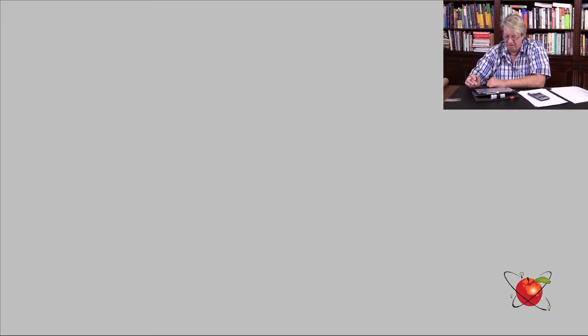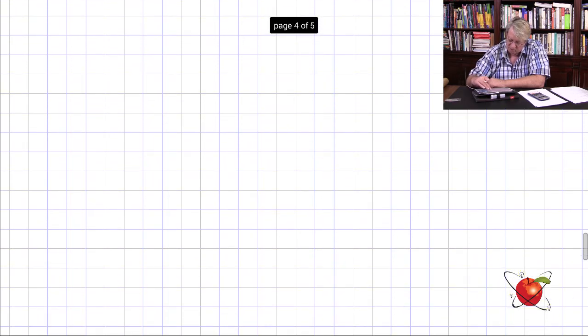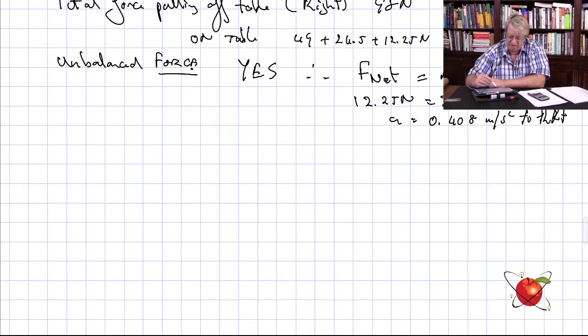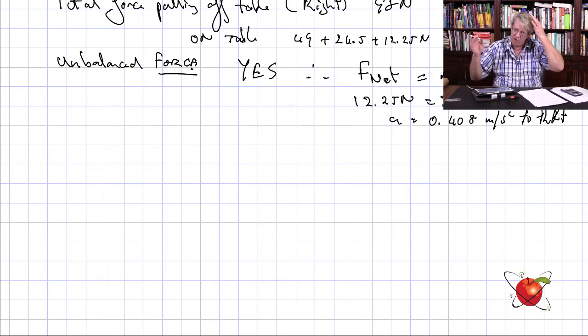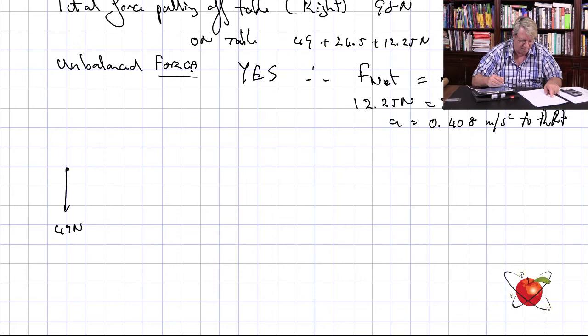So, what did we say? The net force is pulling me off the table. Now I go to each block in turn, and I look at what's happening to it. Usually go to the outside ones. Let's have a look at the weight on the side there first. Remember, we had this one on the left. We had 49 newtons acting down over there, and we had a T1 over here.